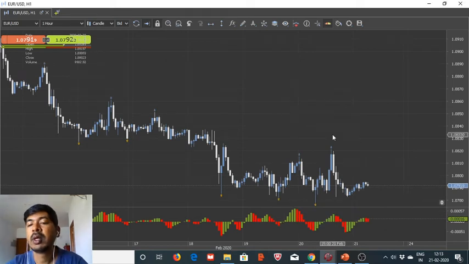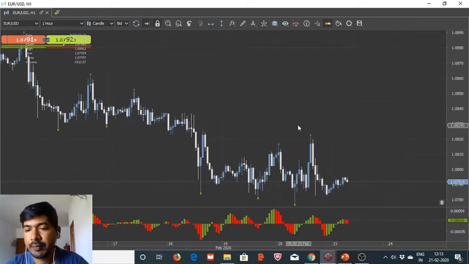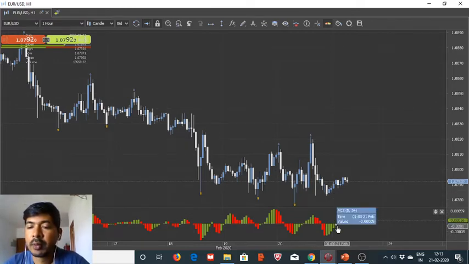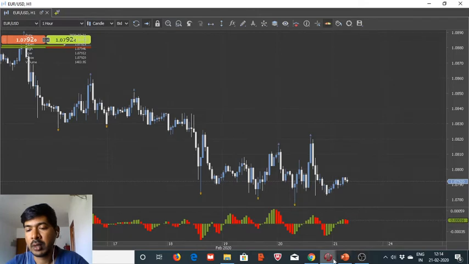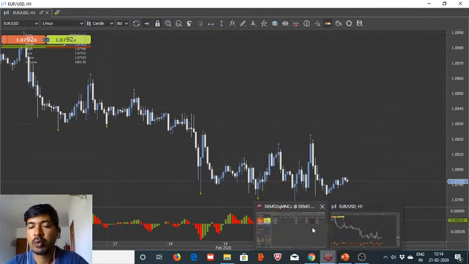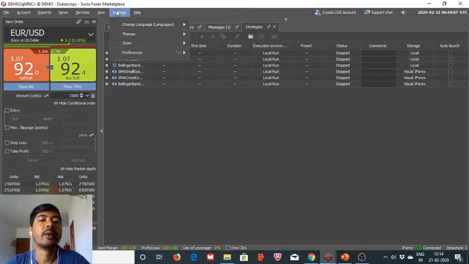Now see here, whenever the momentum shifts from here, as you can notice that the momentum shifted from bearish to bullish. I will increase the zoom so we can see the values better.